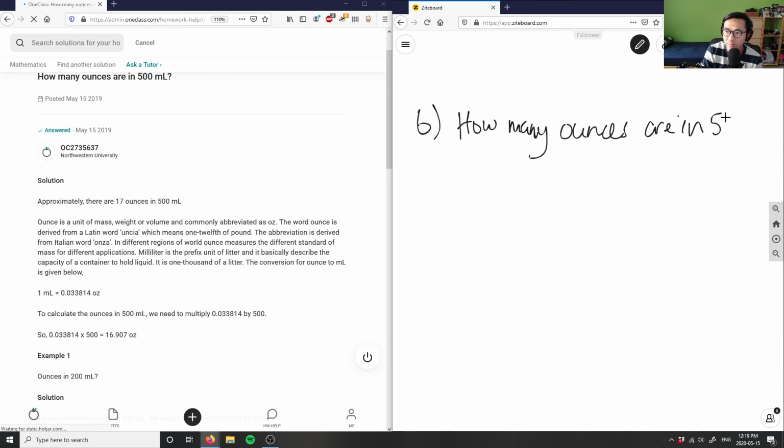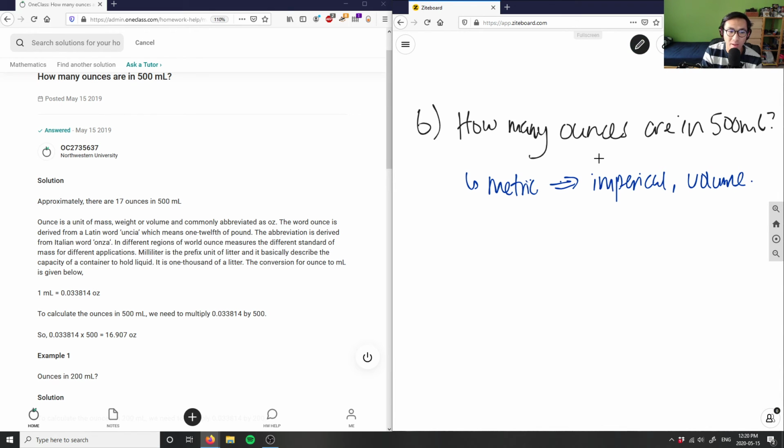are in 500 ml. So in 500 ml we have, so what we're going to do again, we're in the metric system with 500 milliliters, and we want to convert it into the imperial system, right? And all of these measure volume.